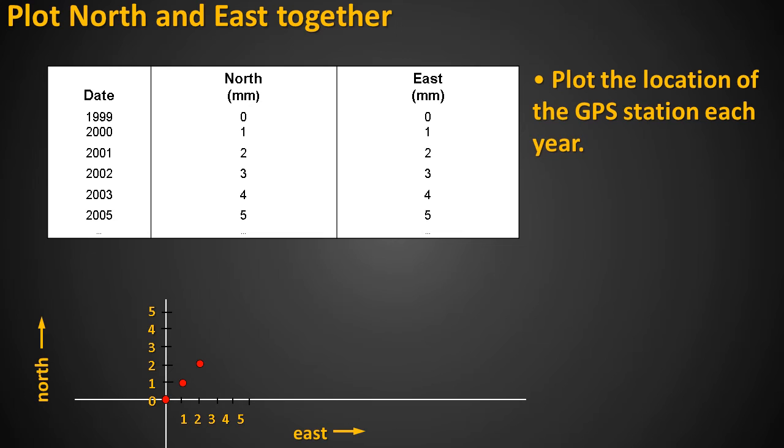Let's plot north and east together. Plot the location of the GPS station each year with east on the horizontal axis and north on the vertical axis. I show where the first 3 data points are plotted.